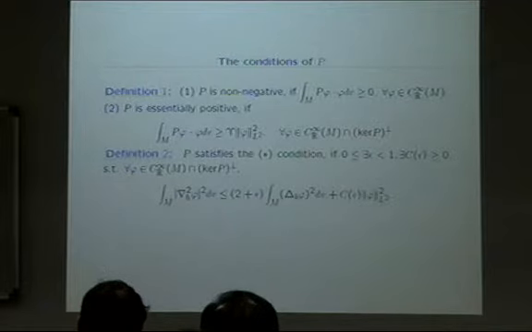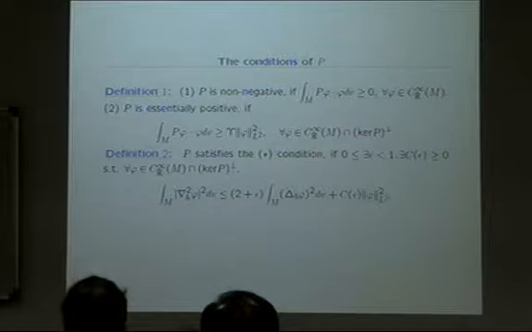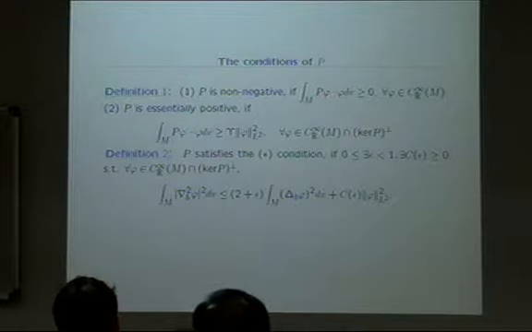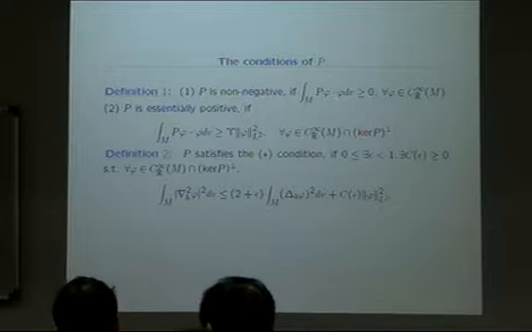The first two conditions are quite natural. So P is called non-negative if for all functions we have this inequality. This is the inner product of phi and P phi.